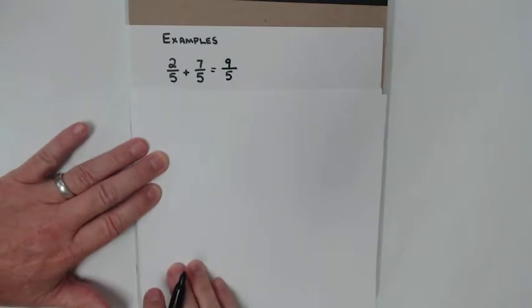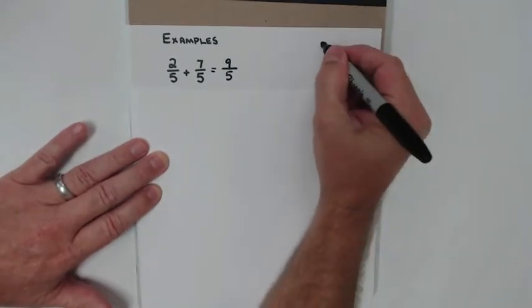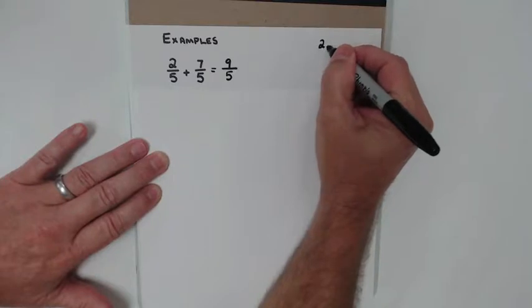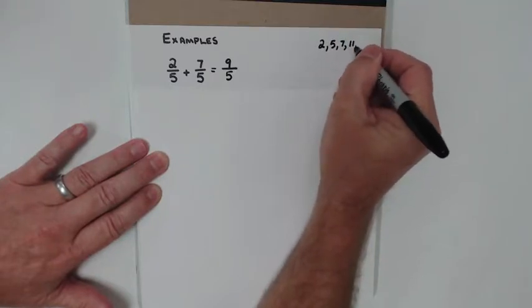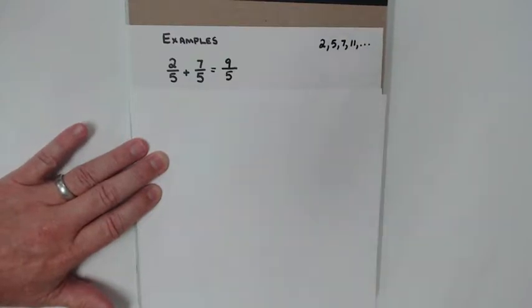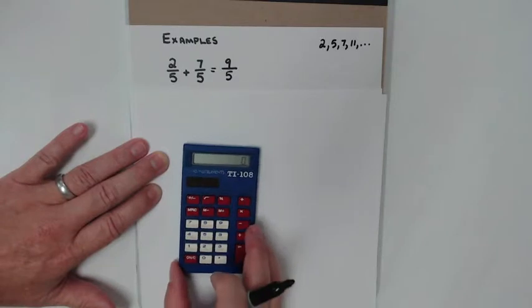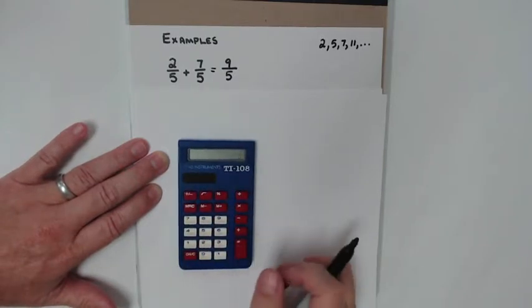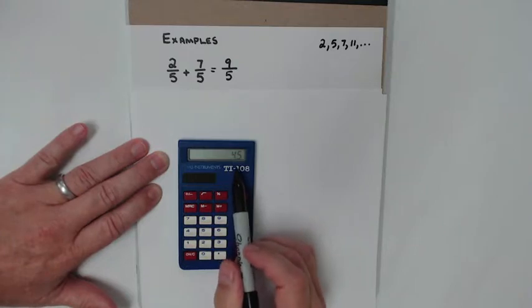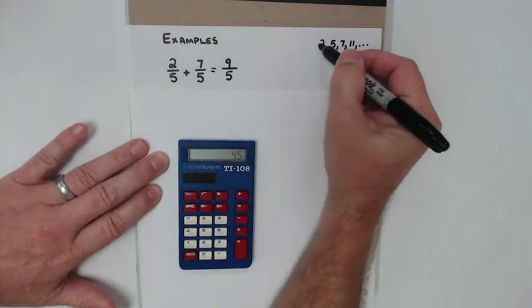Then I need to try and simplify it. That means I need to use these prime numbers, 2, 5, 7, 11, and so forth, to try to simplify this. Take my calculator out, start with 2. 9 divided by 2, decimal. 2 won't go into it.